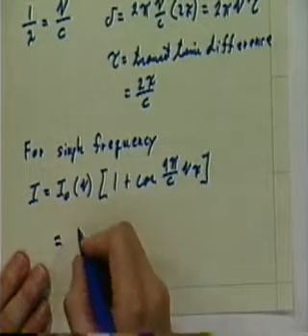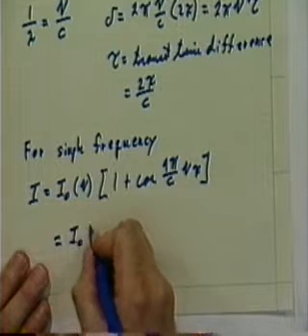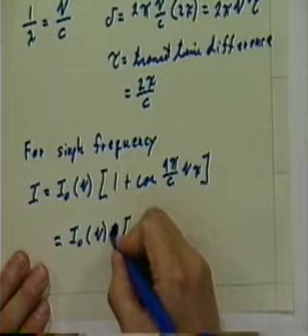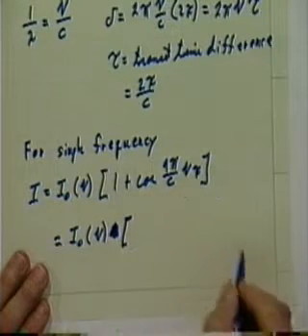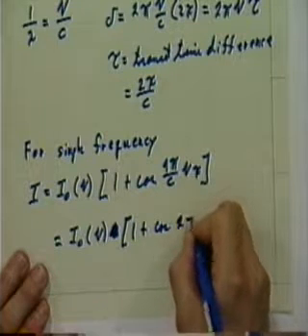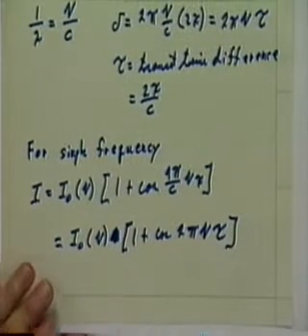And so we will write this then in terms of tau, multiplied times 1 plus cosine 2 pi nu tau. Okay?